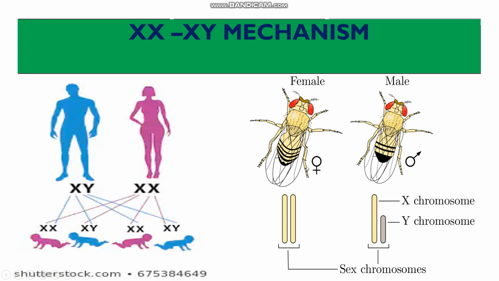When the X chromosome of the female fuses with the Y chromosome of the male, an XY individual is produced, that is a male. So here also the males determine the sex of the progeny. So this type of mechanism is called the XX-XY mechanism, and here the males are heterogametic and the females are homogametic.